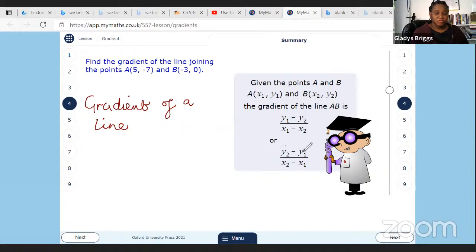Then you write down this example, and we can see how to use this one to calculate the gradient without necessarily drawing any lines.